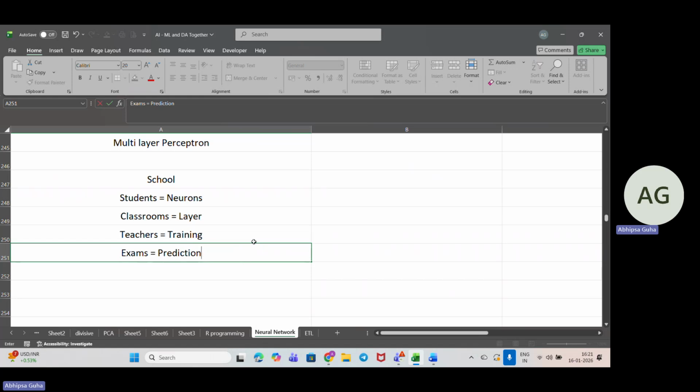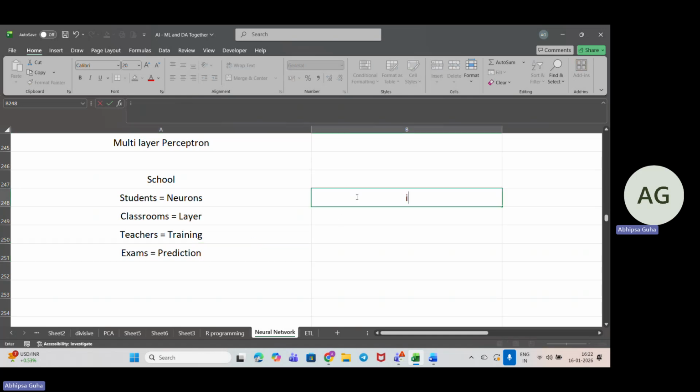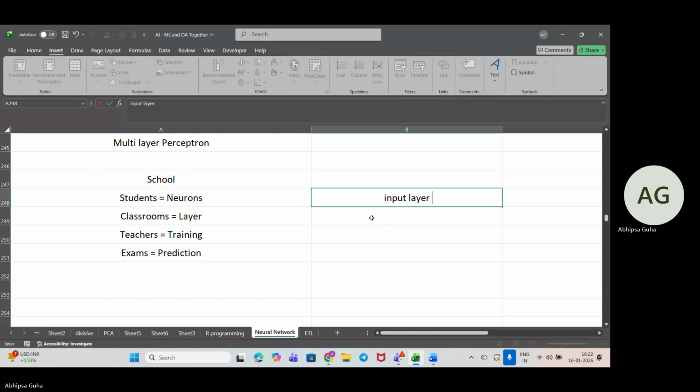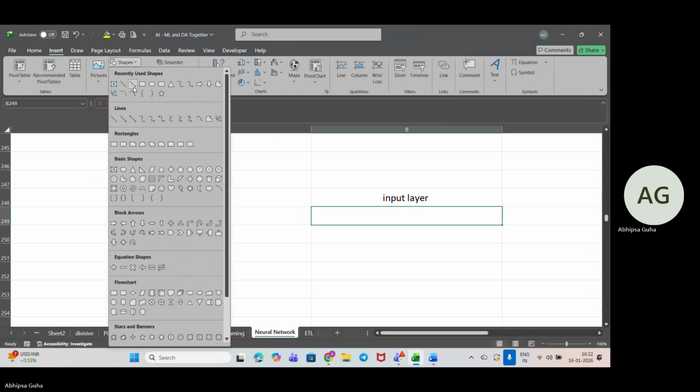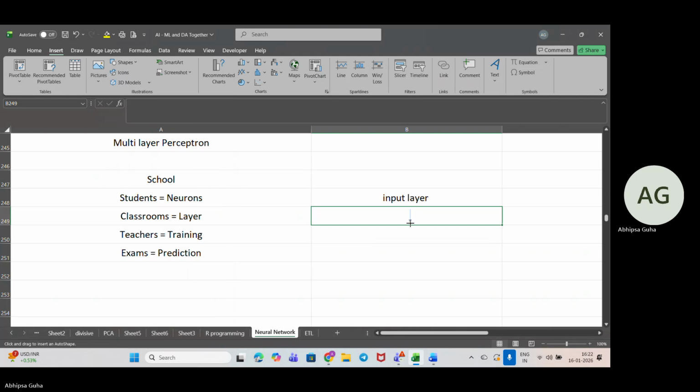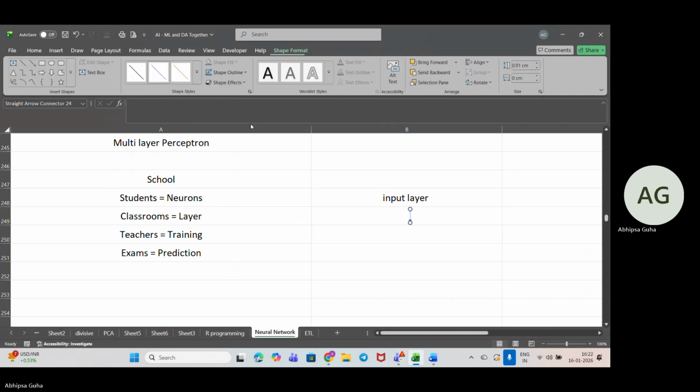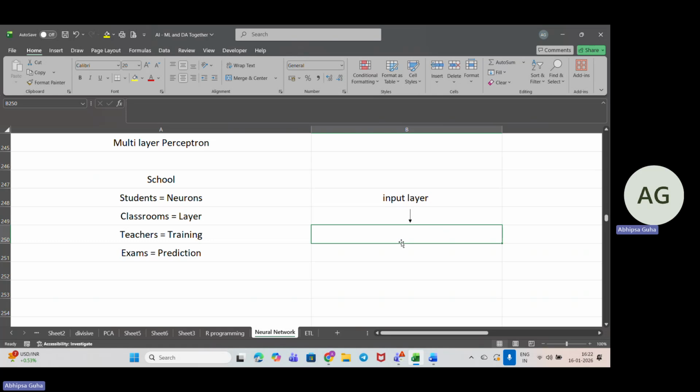So MLP is many layers of tiny decision makers. So how does it actually work? We have the input layer, then we have the hidden layers.